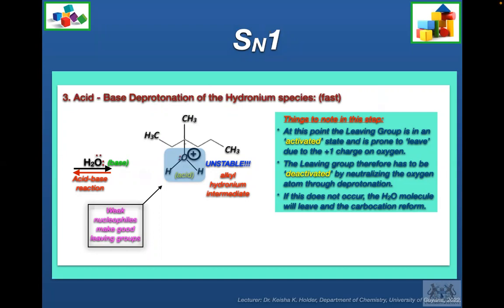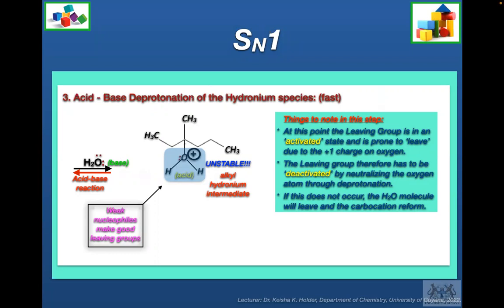And that is what we would say is occurring in the form of deactivation. So we have to deactivate our leaving group, and we do that by neutralizing it. We neutralize our oxygen not through the formation, but through a deprotonation reaction, an acid-base reaction.